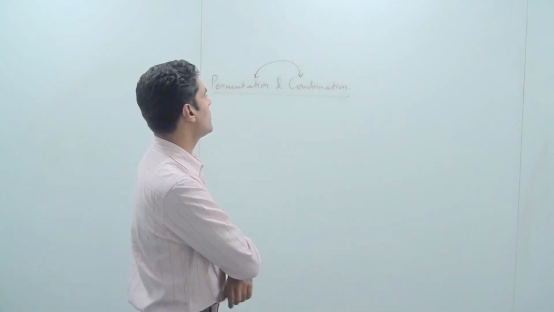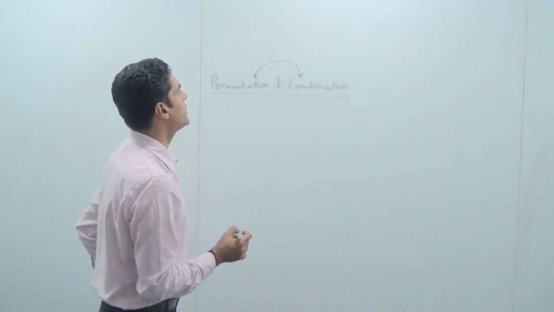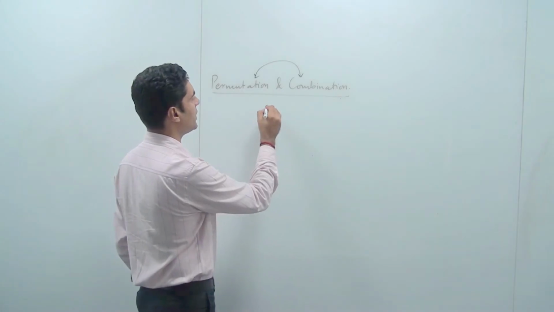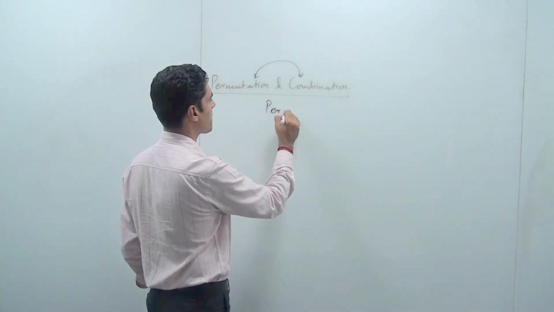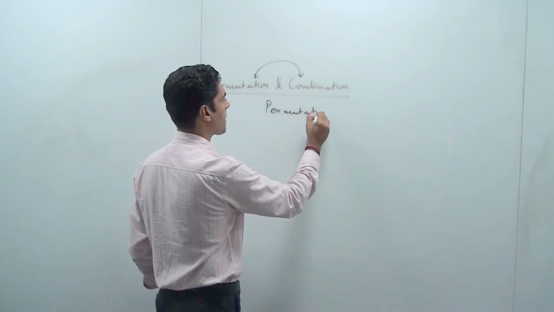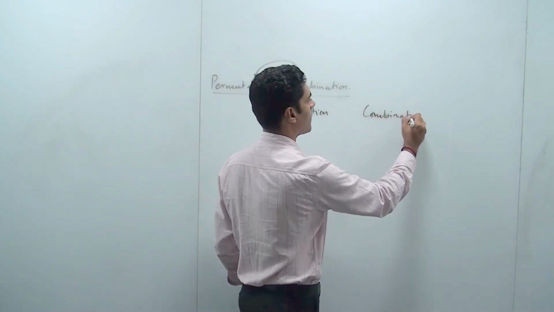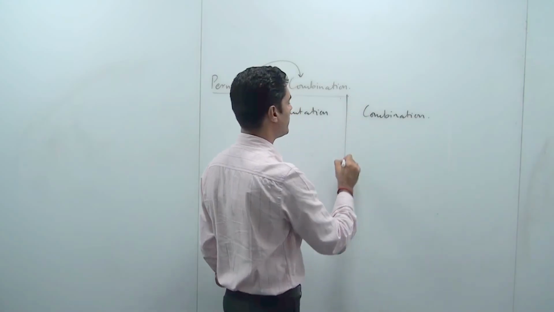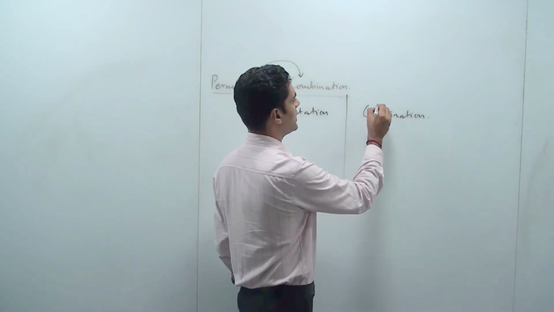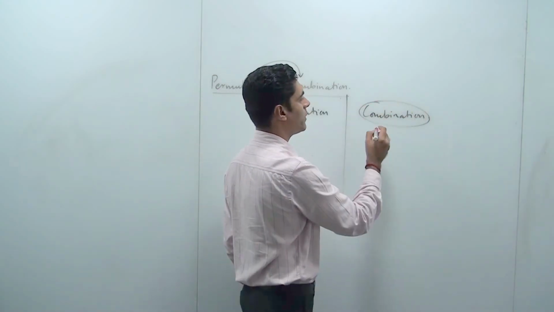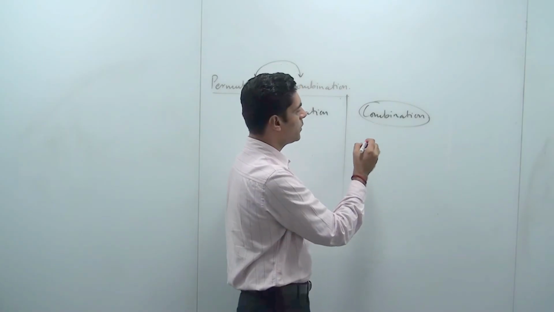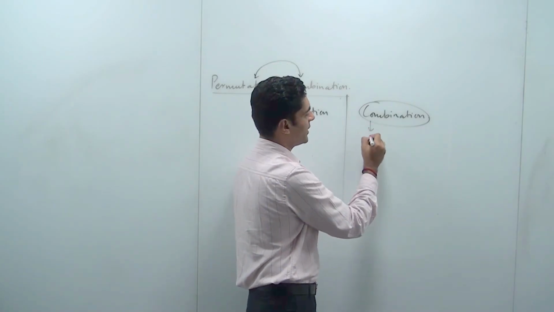The very first thing which I would like you to understand in permutation and combination is the difference between the two, or where to apply permutation and where to apply combination. Combination will be applied in case of selection.